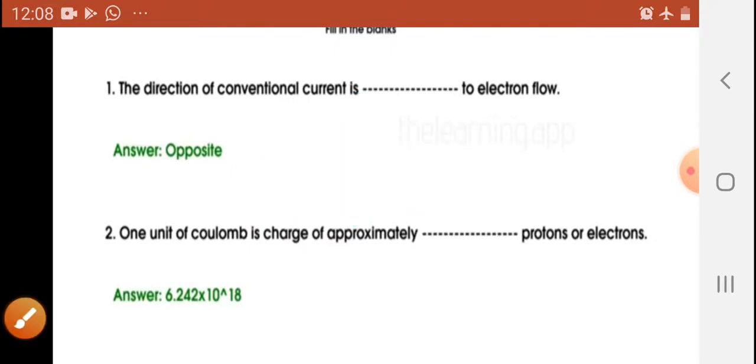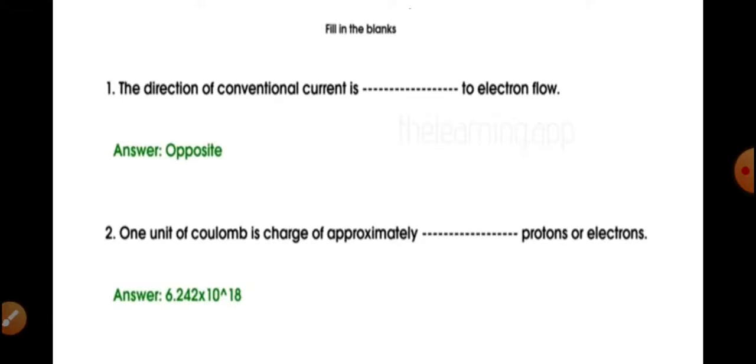Okay. Here, 1 coulomb of charge is approximately 6.242 into 10 power 18 protons or electrons. This is a general, calculated value.